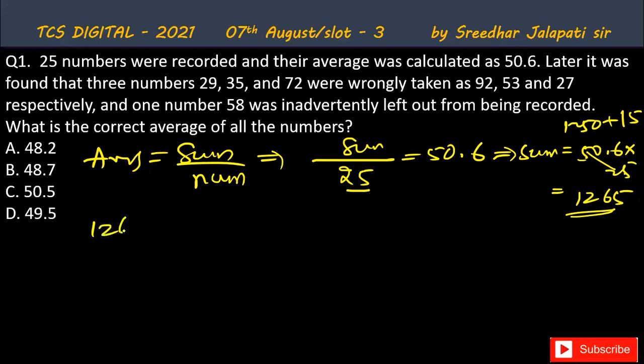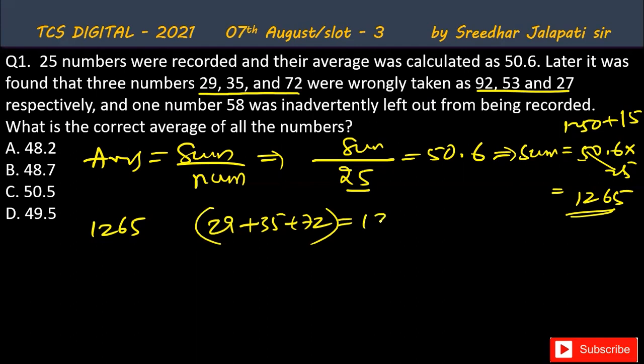But in this 1265, they wrongly took three numbers. Three numbers 29, 35 and 72 were wrongly taken as these numbers. So the sum of 29 plus 35 plus 72 is 64, 136.